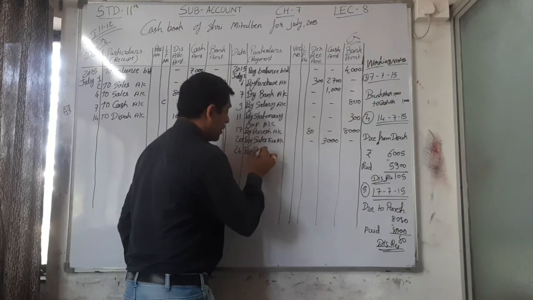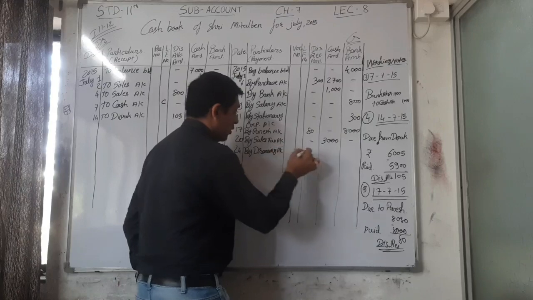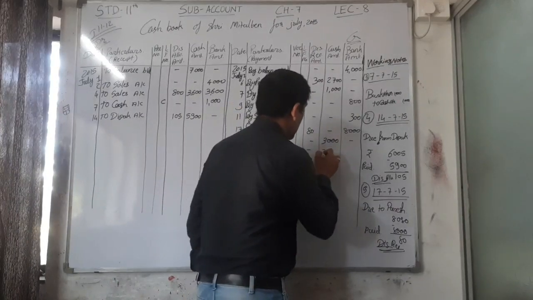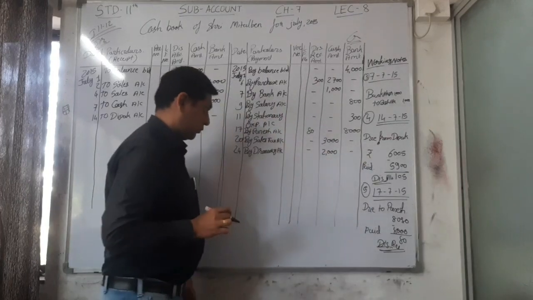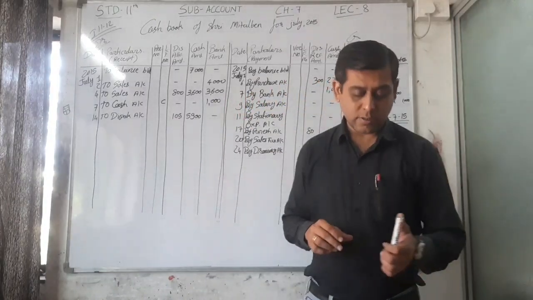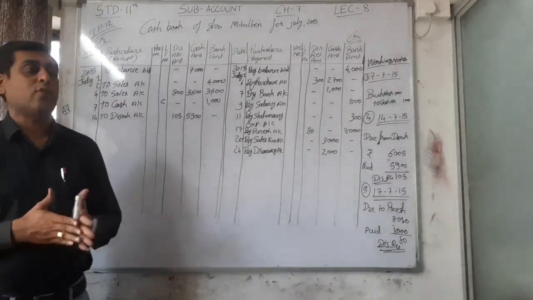By drawing account, in the cash column 2000 rupees. Okay, it's over.